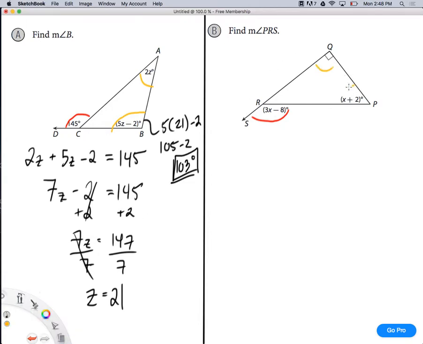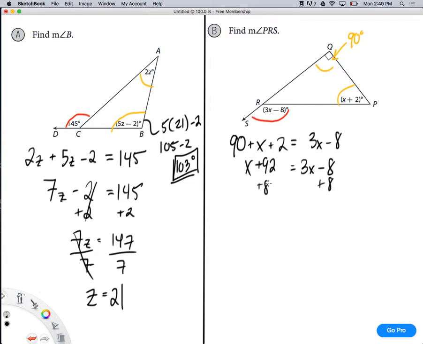Here are my two remote interior angles. First off, what's the measure of this angle here? 90 degrees. So I add the two remote interiors: 90 plus x plus 2 equals 3x minus 8. Combine like terms: x plus 92 equals 3x minus 8. Add 8 to both sides: x plus 100 equals 3x. Subtract x from both sides.